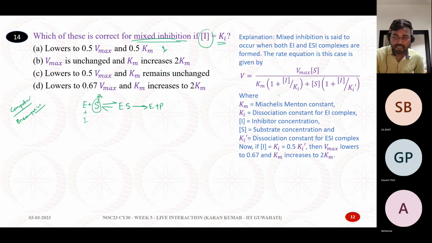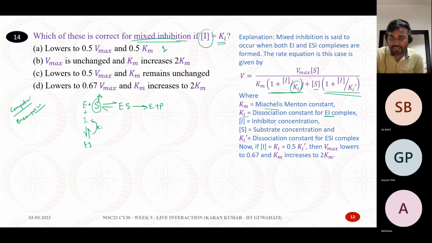So in mixed inhibition, you will see this alpha term in both components: alpha S in the substrate term and alpha Km. Here Km is the Michaelis constant. Ki is the dissociation constant of the EI complex, meaning it is reversing in the backward direction. This is the Ki constant.